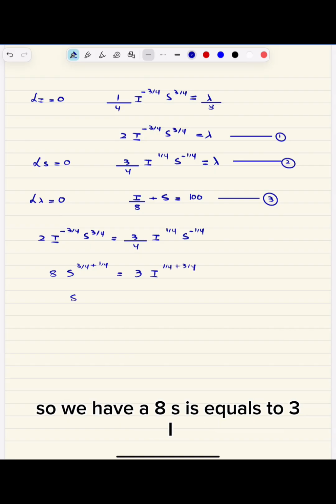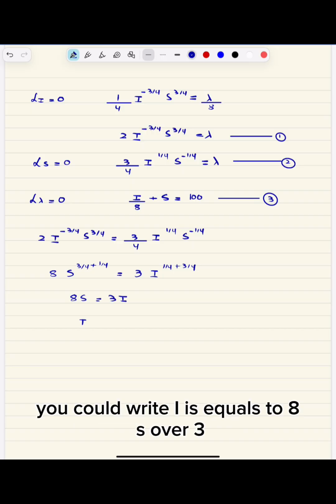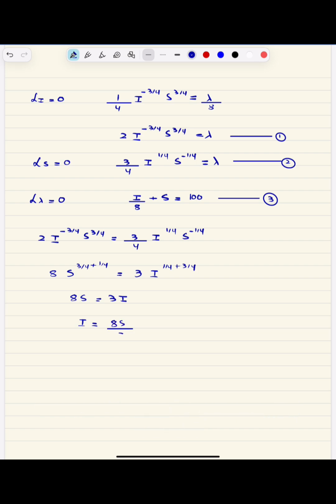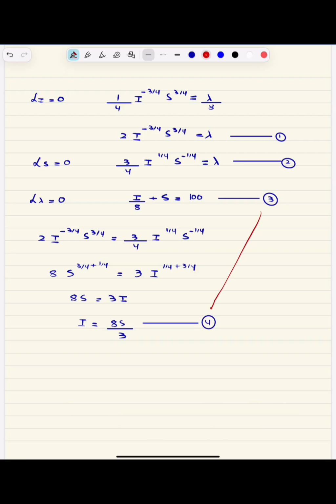So we have 8S is equal to 3I. So basically you could write I is equal to 8S over 3. Call this equation 4.